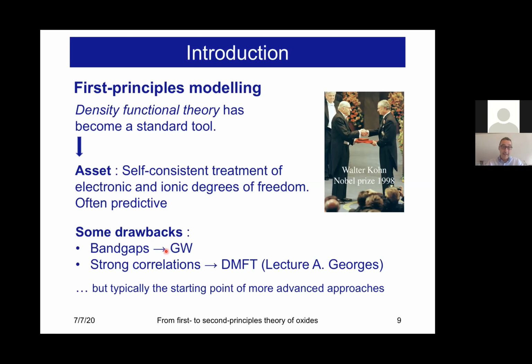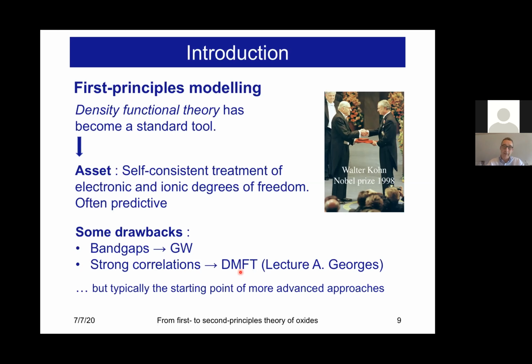For instance, if we look at band gaps, they are not properly predicted by DFT. So if you look for materials for photovoltaics, you will need to go beyond that. And there are some approaches like the GW approach that allow you to make better predictions. Also, if you look at materials with strong correlation, as some oxides we will discuss today, of course, you have some limitations in DFT, and maybe you will need to go to a more advanced approach like DMFT.